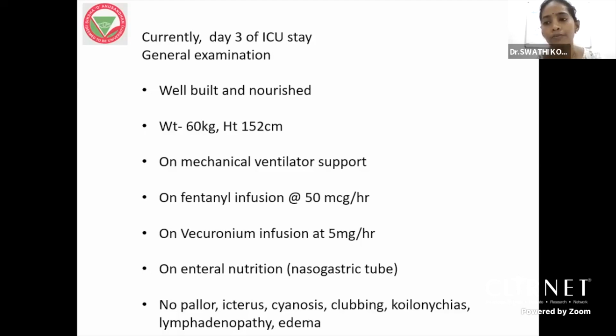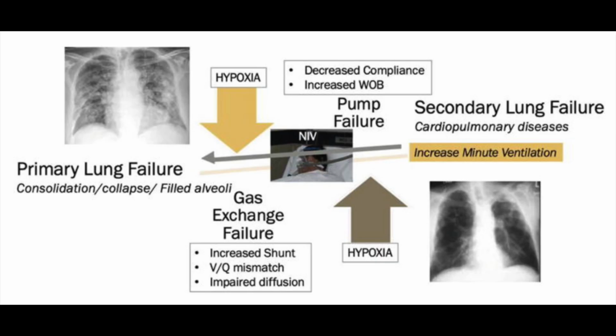No, just 1 minute. A patient if is on 10 liters of oxygen, that is the indication to intubate, or will you try something else before that? We can try for non-invasive ventilation or high flow nasal cannula. Why have you not tried that?